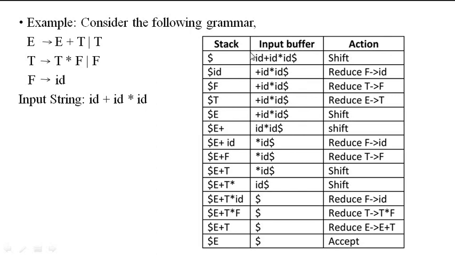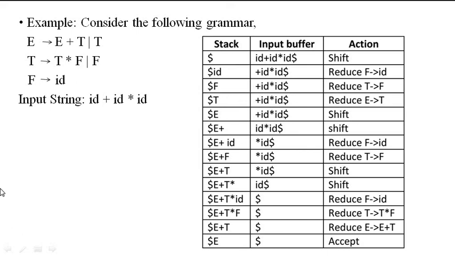Now pass this input to the stack, then move either shift or reduce. If you can get your starting symbol, then this string will be accepted by this grammar. Here your starting symbol is E. So in the stack you get E, and in the input you get only the $ sign.